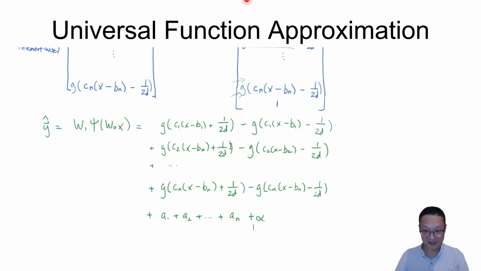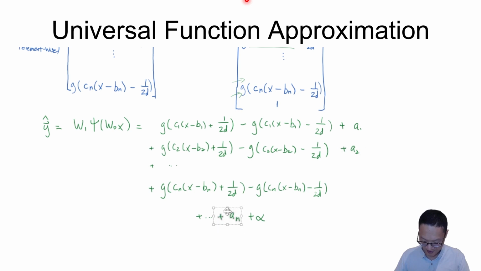Okay, so hopefully you see that this is exactly the same as the function f that we had, because we can always move this A1. Let's see if I can do this properly. Over here, we can move this A2 over here, right?